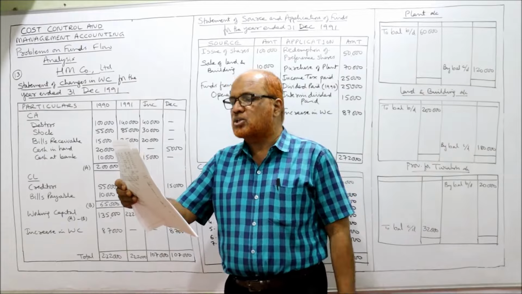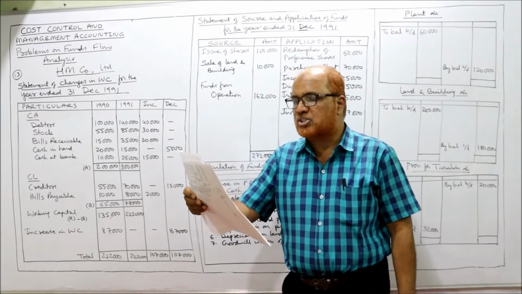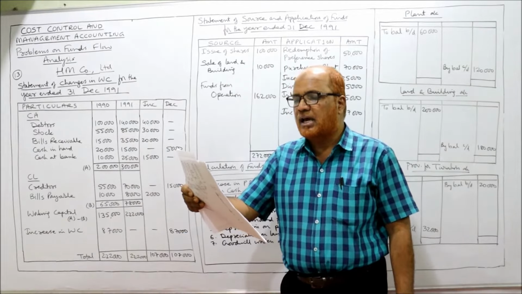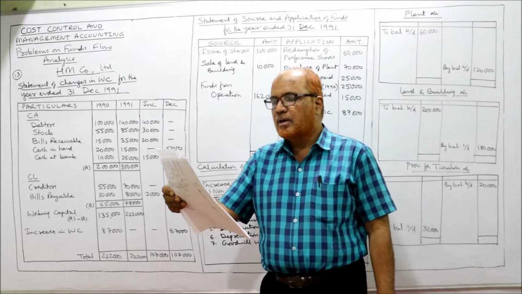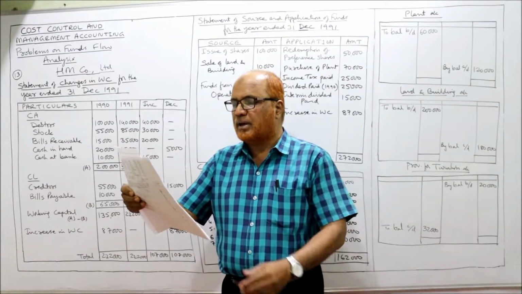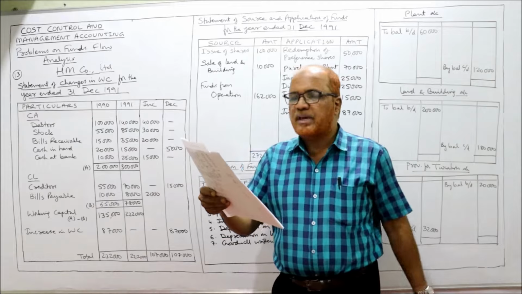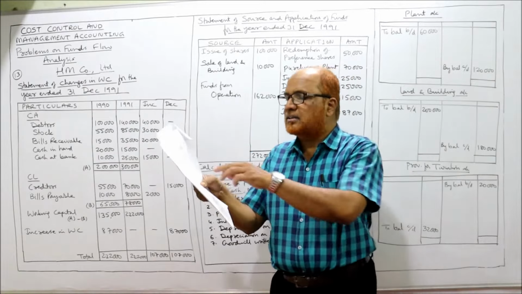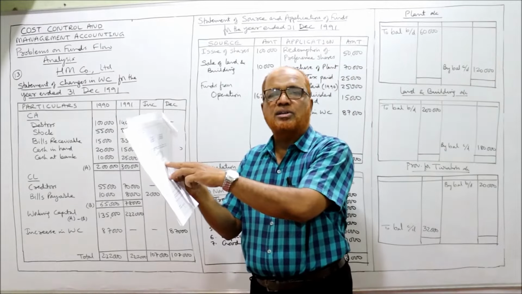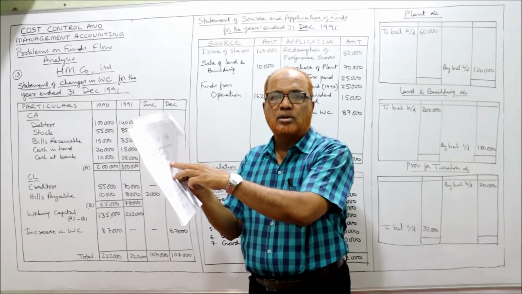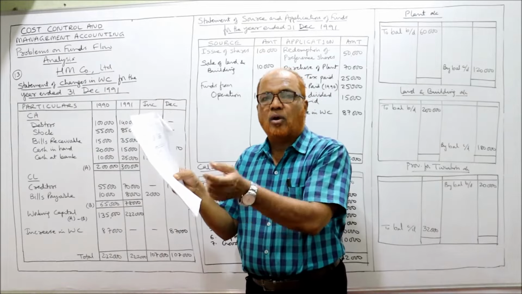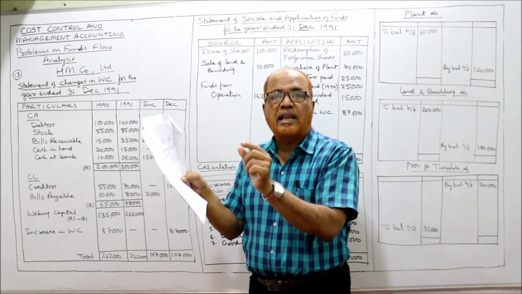From the following balance sheet of HM Company Limited, prepare statement of changes in working capital and funds flow statement. Balance sheet as at 31st December, year ending. So rupees in lakhs, actually 3 zeros are given. It is not 3 zeros, it is 5 zeros. All the rupees are given not in thousands, in lakhs.